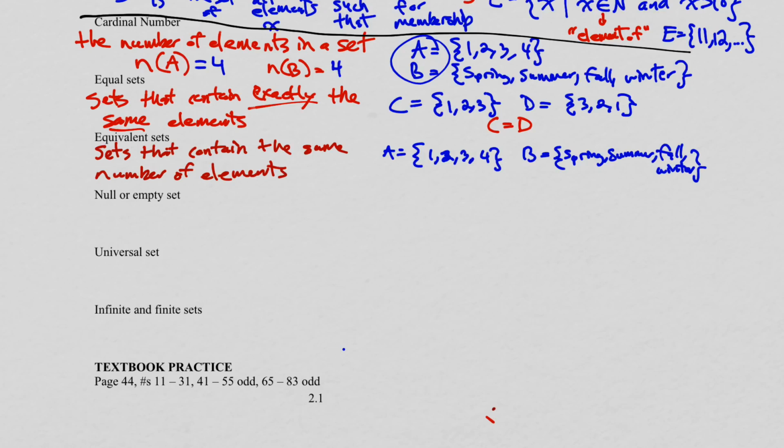Okay, they have totally different elements, but they have the same number of them. They both have 4. So we would say that these are equivalent sets.